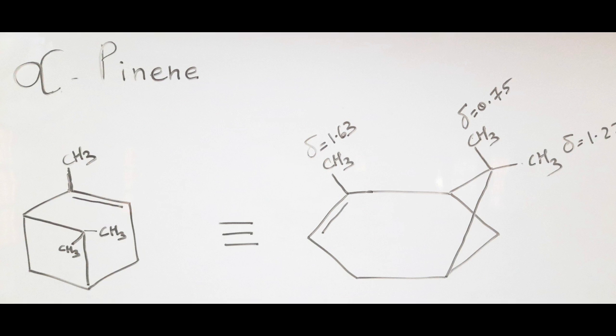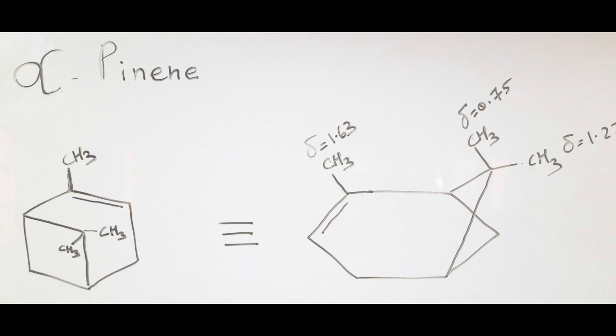Since it is far away from the carbon-carbon double bond, its chemical shift value is around 1.63. The protons attached to a carbon of a carbon-carbon double bond will be in the range, say, 4 to 8 parts per million. The protons of a methyl group attached to a carbon-carbon double bond show a chemical shift value of 1.63.